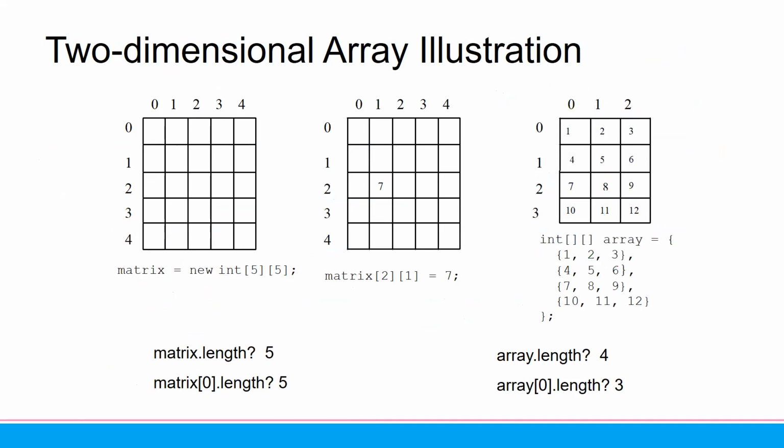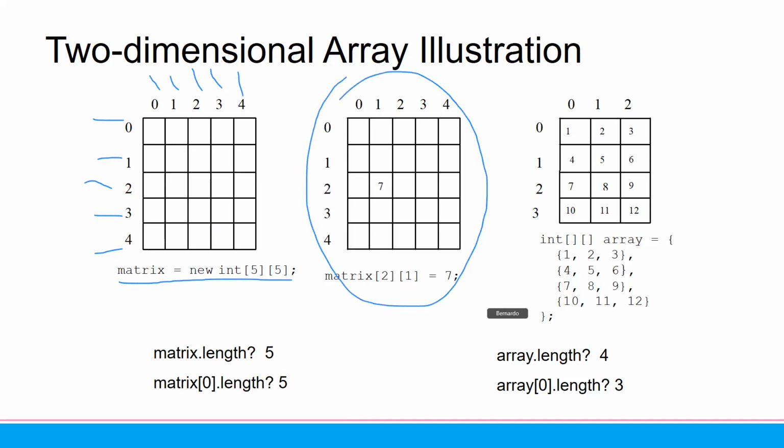If you are making a kind of matrix and you define the size 5 by 5, so we have 1 2 3 4 5, okay, 1 2 3 4 5. So we have 5 rows and we have 5 columns. And what about the second one here? So we define the matrix 2 1.